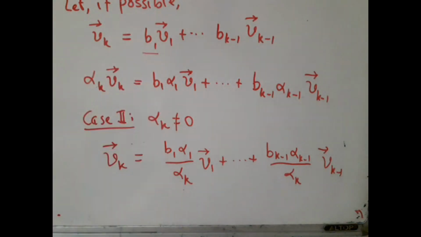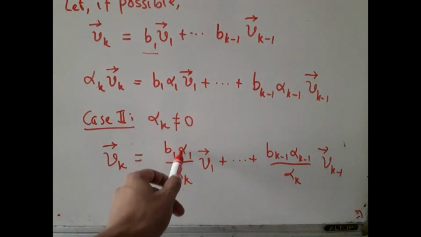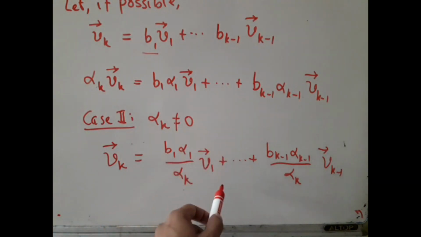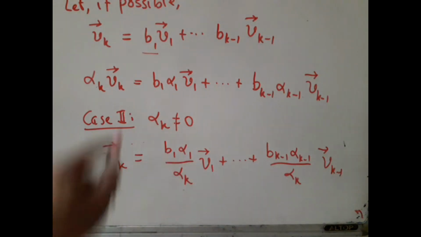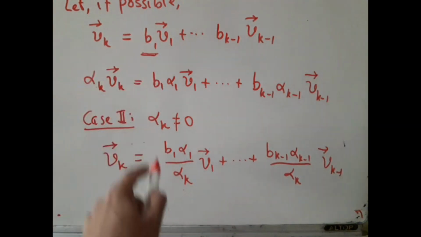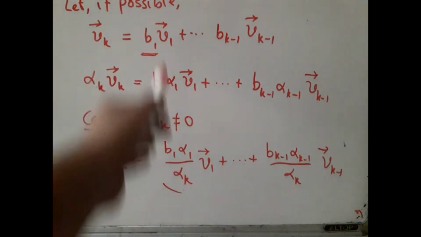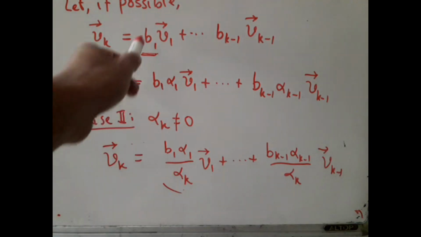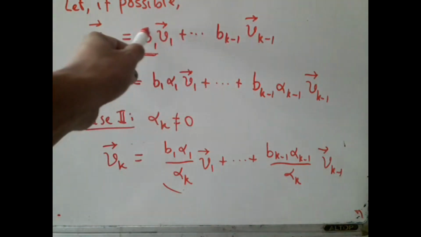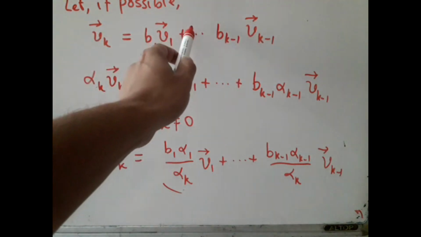Suppose B1 is non-zero. Now all these, alpha 1 by alpha k, alpha 2 by alpha k, etc., are not equal to 1 because the alphas are all distinct. So if B1 is non-zero, then B1 cannot be the same as this. So I get a distinct linear combination. At least one coefficient does not match. So just look for any particular Bi which is non-zero. You are sure to get one.